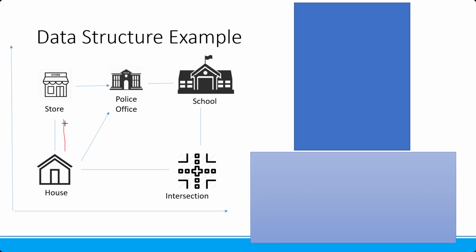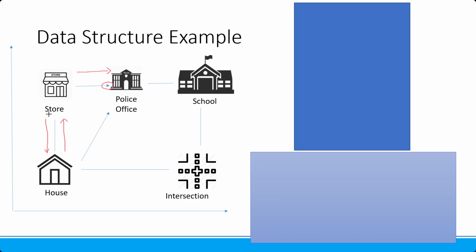So it means you can go to store from house and you can go to house. If you have an arrow like this one, it is one way, only one direction.